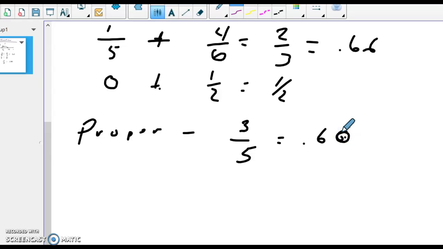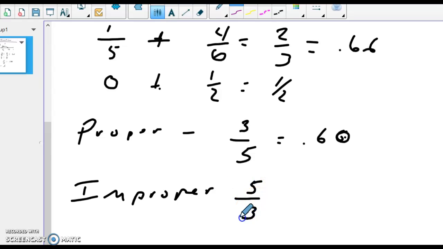We have improper fraction. That's when the numerator is larger than the denominator. So we have 5/3. We can actually turn this number into a mixed number to reduce this.